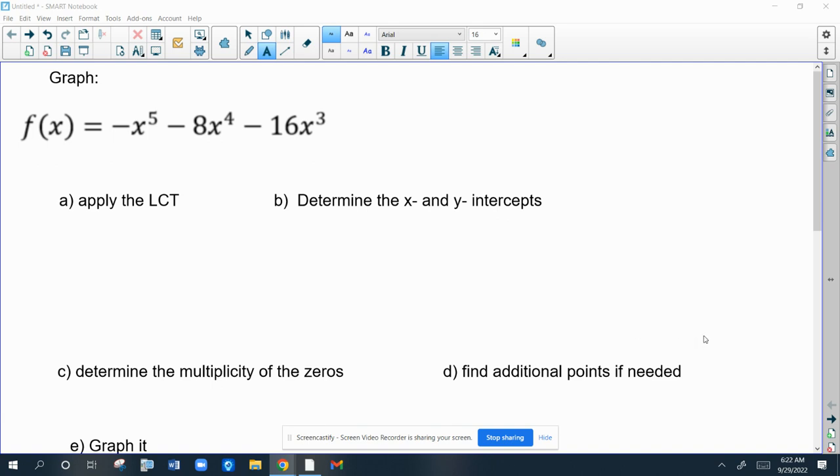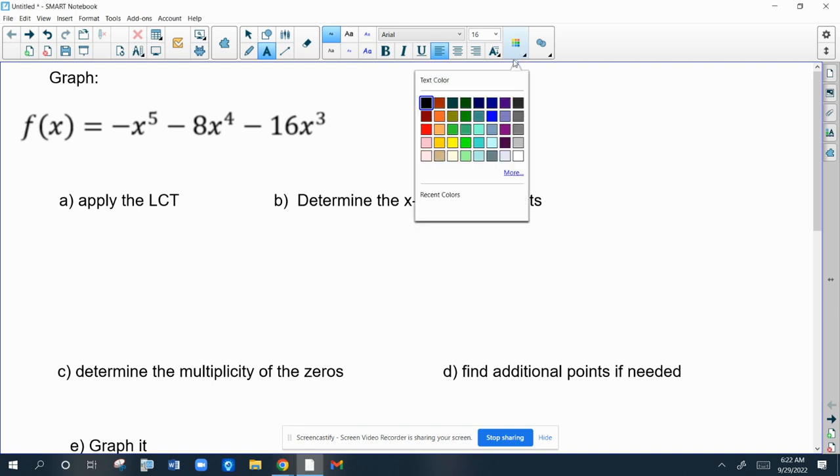First of all, we're going to apply the leading coefficient test. Our leading term is negative x to the fifth, which means the leading coefficient is negative and the degree is odd.